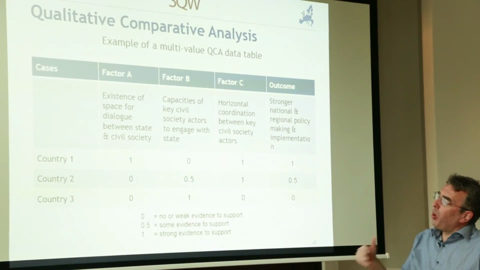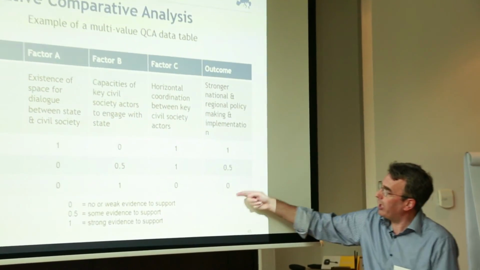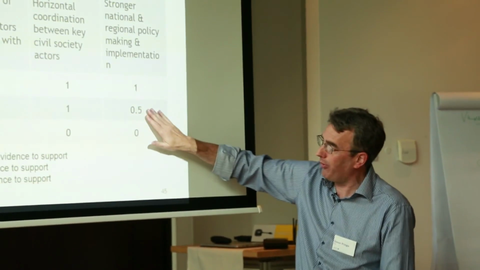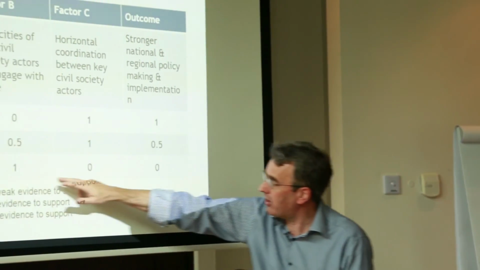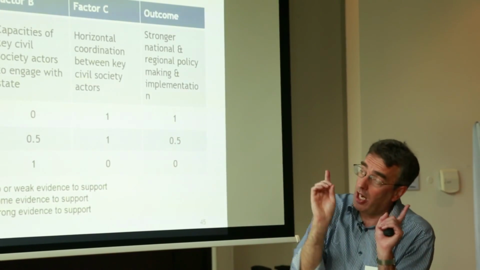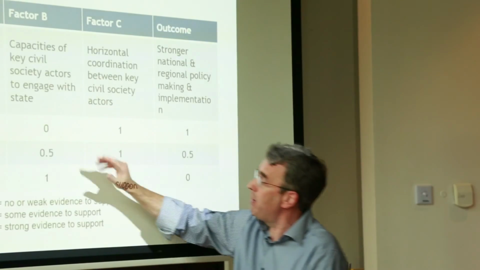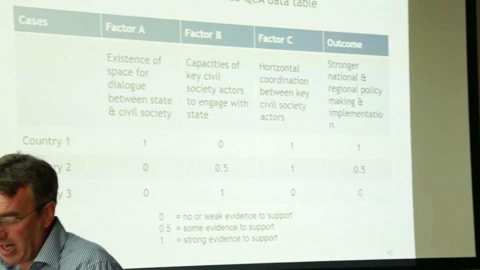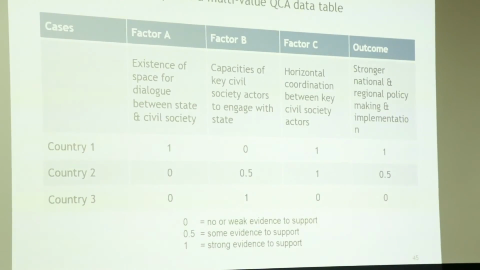And what he's then imputing is that probably to get to this scoring here, 1 and 0.5, there's probably something happening around these two factors that actually start to give rise to that outcome. So his view is that factor B and factor C actually may be more important than factor A in delivering success, in delivering impact for that intervention.